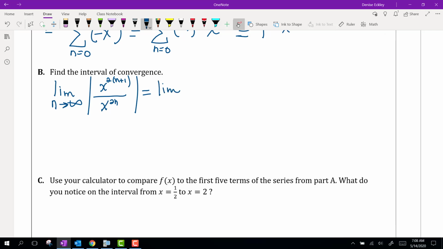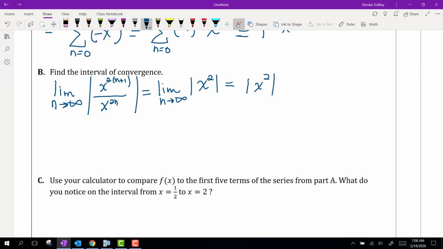So we get the limit as n approaches infinity of, simplifying this, we're just left with the absolute value of x squared, which isn't affected by n at all. There's no n in that, so it's just going to be the absolute value of x squared.